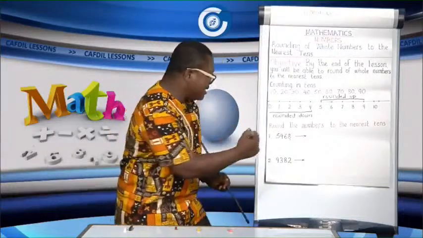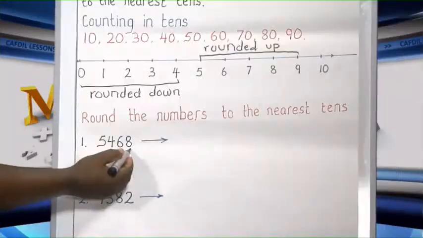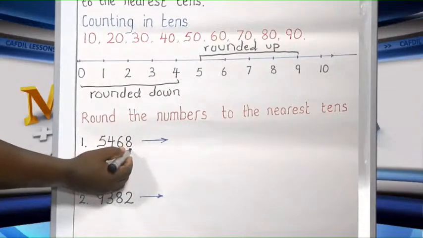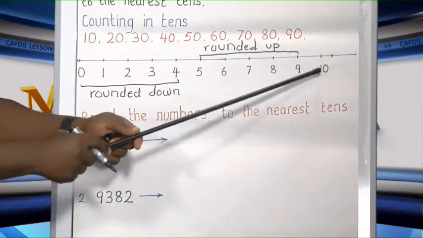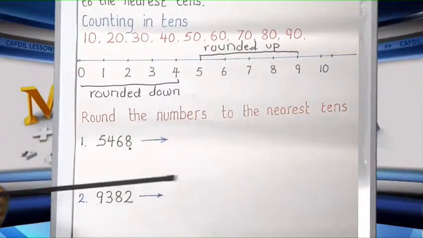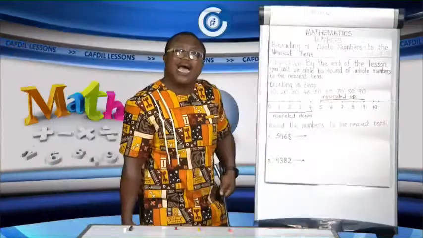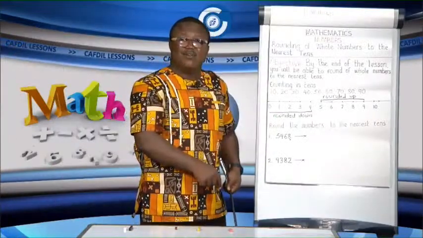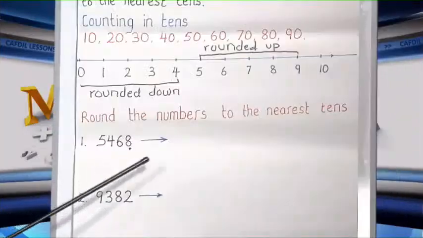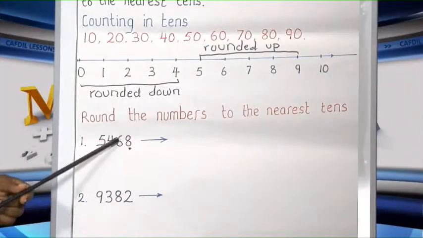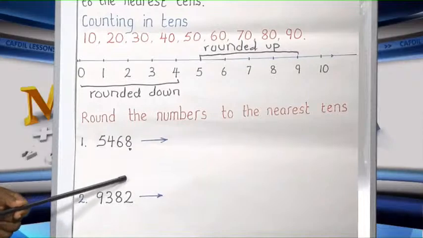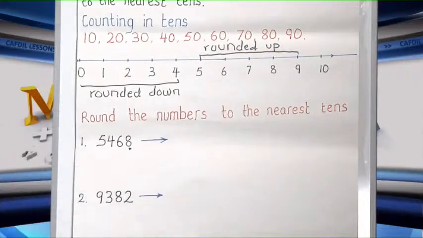So now let's look at it. Because we are considering the 8, and 8 is closer to 10, we assume that this is closer to 10. So we have to add 10. We replace this 8 with 10, and then we add it to the 60 here, making 70.